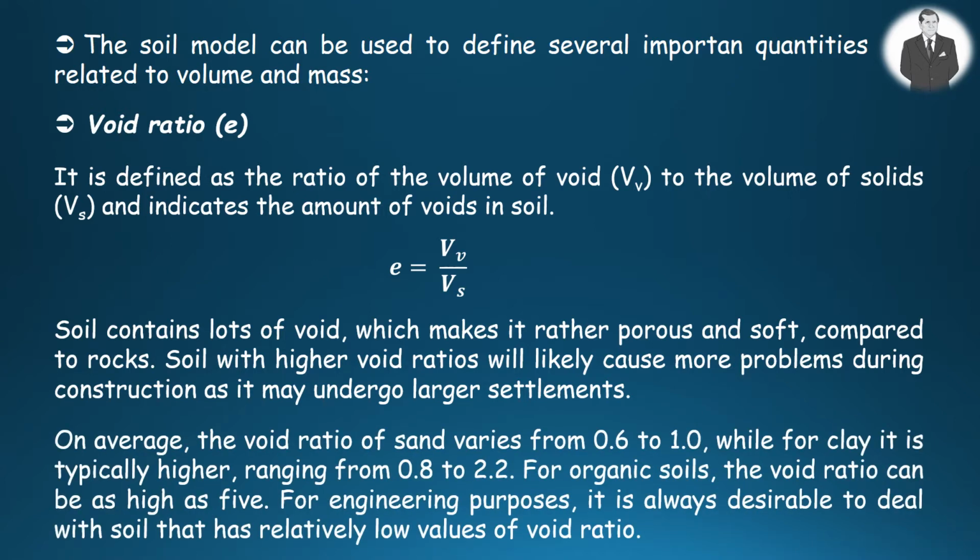In general, the void ratio of sand ranges from 0.6 to 1. As for clays, it is typically higher, varying from 0.8 to 2.2. For organic soils, the void ratio can be as high as 5. For engineering aims, it is always preferable to deal with soil that has relatively low values of void ratio.